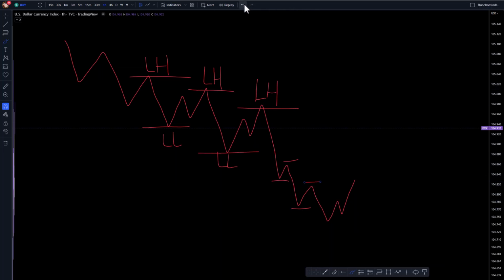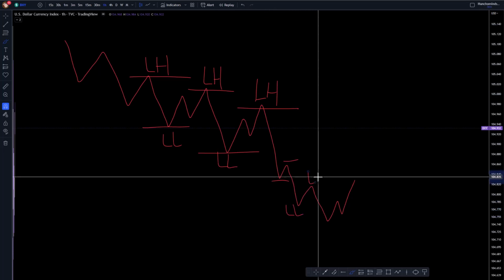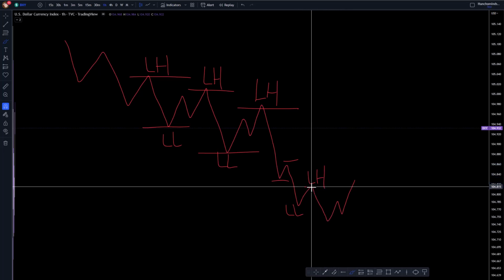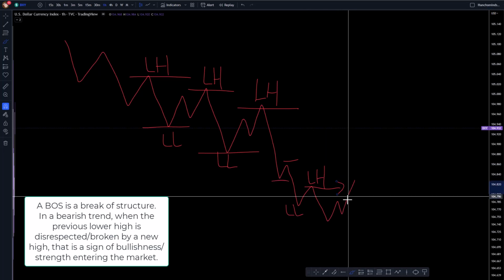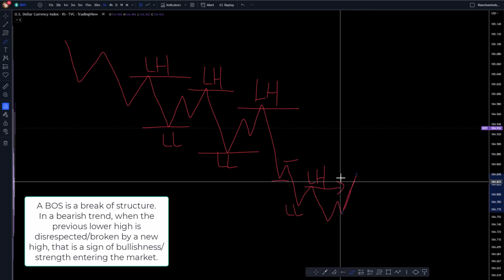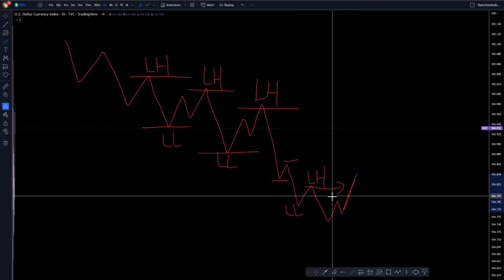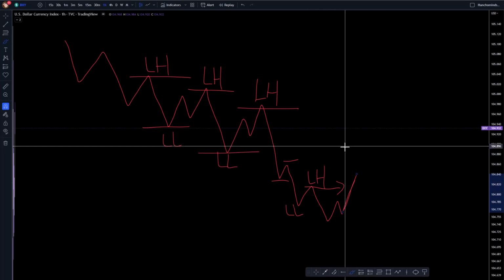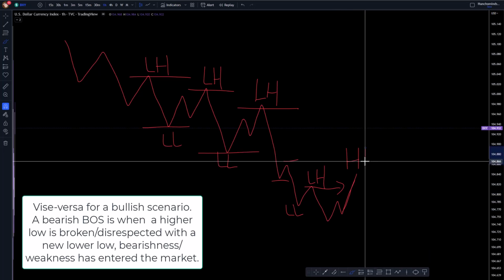As you can see here, we have a lower low, then a lower high, and then boom, structure breaks to the upside. This is no longer a lower high, but once a lower high is broken or disrespected by the bodies of the candles, we have what we call a break in structure and a new higher high.